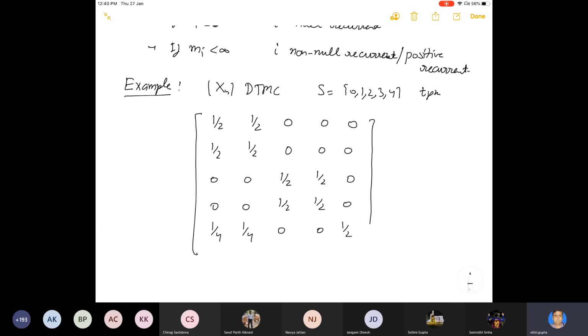This is the TPM and states are 0, 1, 2, 3, 4. So initial we can write here 1, 2, 3, 4, 0, 1, 2, 3, 4. So this is the TPM.